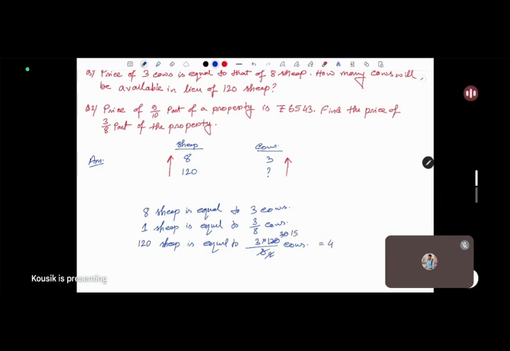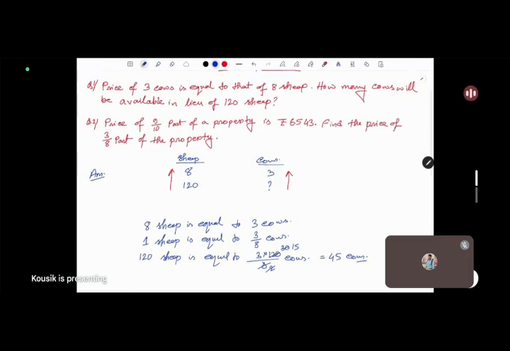So 45 cows. So after exchanging 120 sheep, he can get 45 cows. This is the answer. Is it clear?